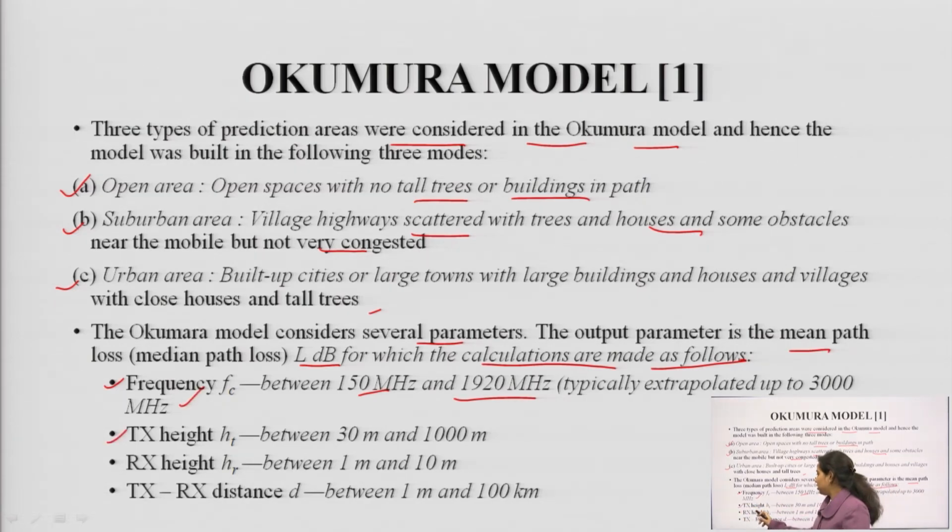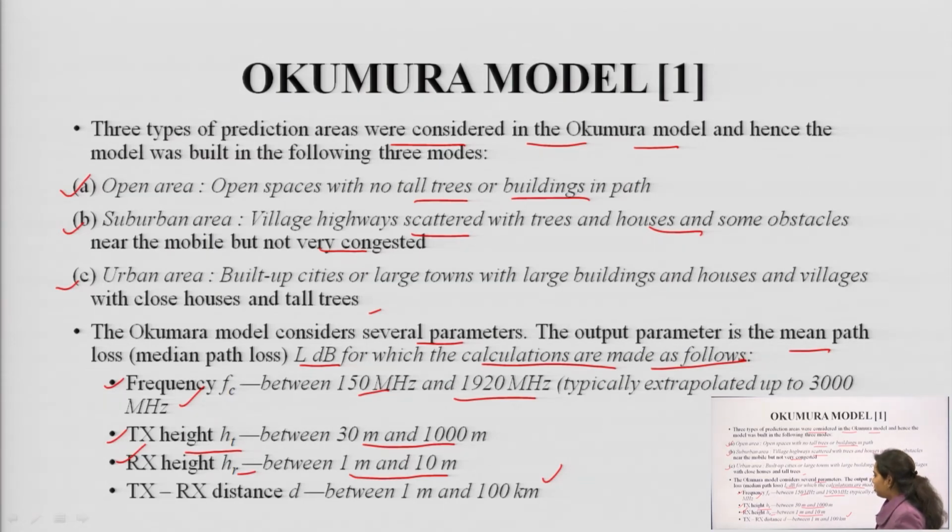Next is the transmitter height, denoted by ht, which exists between 30 meter and 1000 meter. Next is the receiver height, hr, which exists between 1 meter to 10 meter. Then the transmitter receiver distance is denoted between 1 and 100 kilometer.